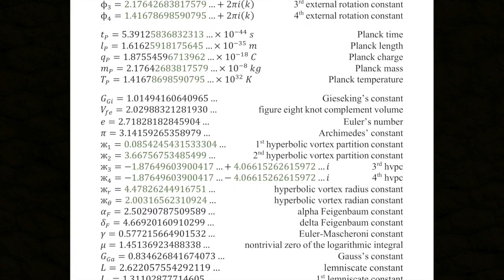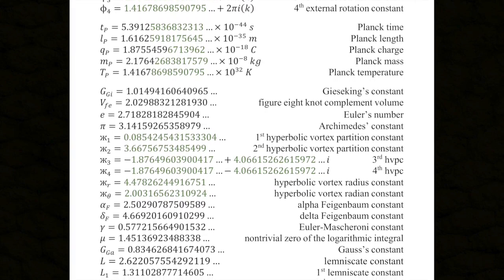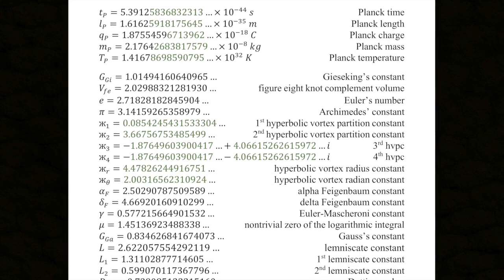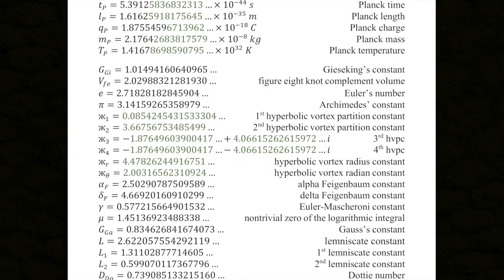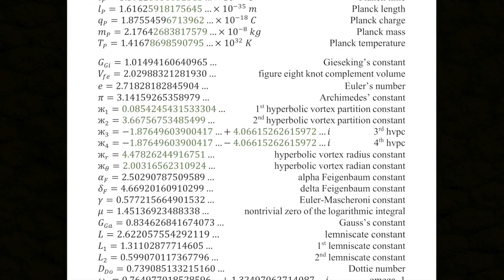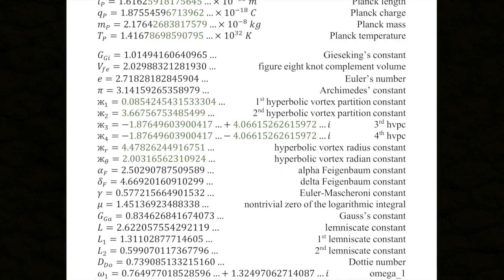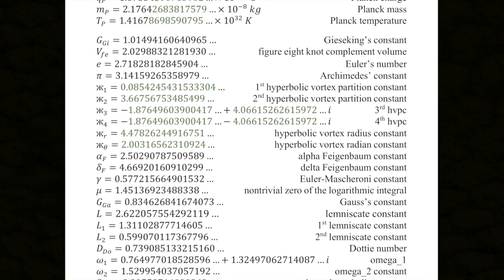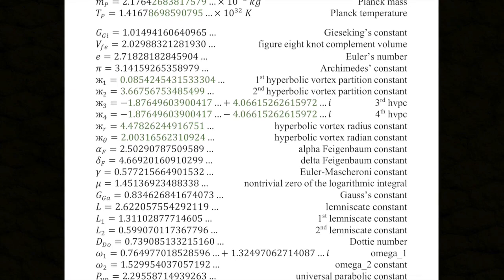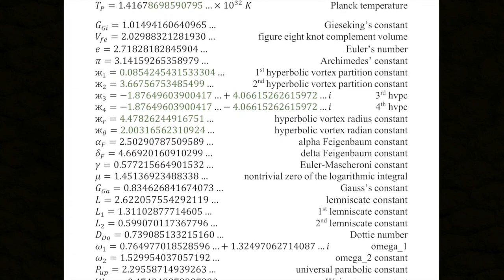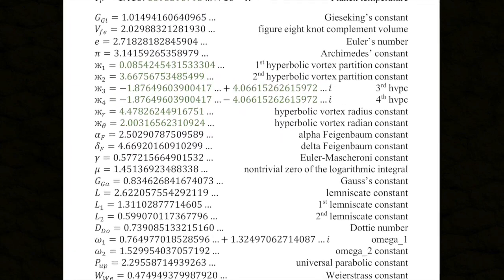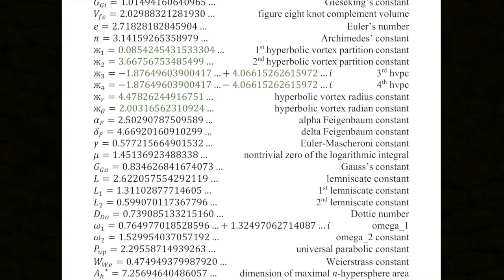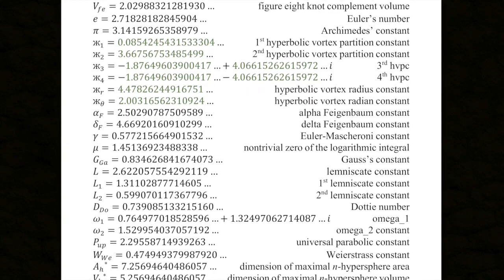Then we have central numbers in all of math, the alpha Feigenbaum constant, the delta Feigenbaum constant, the Euler-Mascheroni constant, the non-trivial 0 of the logarithmic integral, right? Because we have this dilogarithmic balance centrally written into our construction. Gauss's constant is built into the hyperbolic limits. The lemniscate constant, or the first lemniscate constant, and the second lemniscate constant are constructive parameters of our division, right? We saw how on the Planck charge boundary, this is how the balance is being maintained.